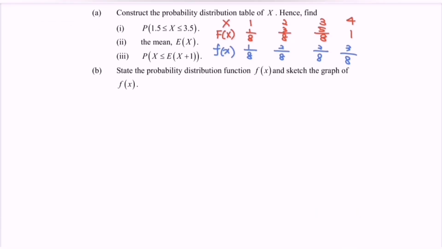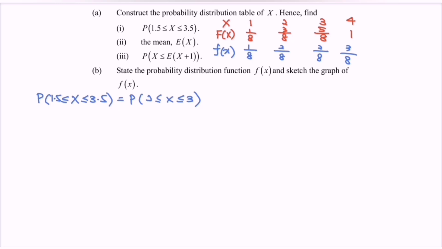Next, part B. Find the probability where x is greater than or equal to 1.5 and less than or equal to 3.5. Since this is a discrete function, rewrite the situation where we will have 2 until 3. Kindly refer to the table, blue in color.